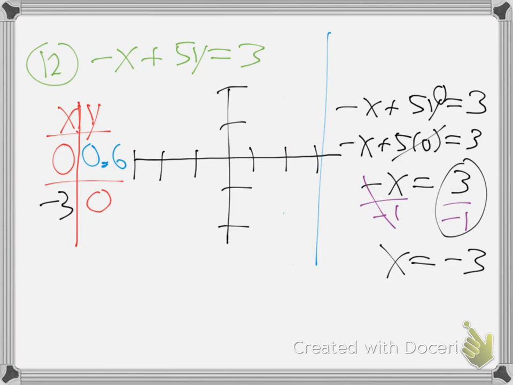So the first dot is over 0, up 0.6. Where's that? Oh, I don't know, about right there, a little past half. Over 0, up 0.6. And the other one is back 3, up 0. And then we connect the dots.